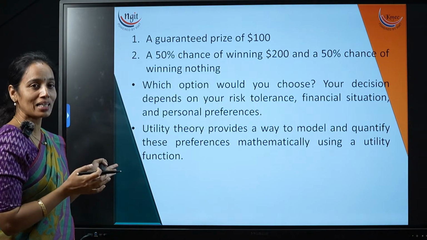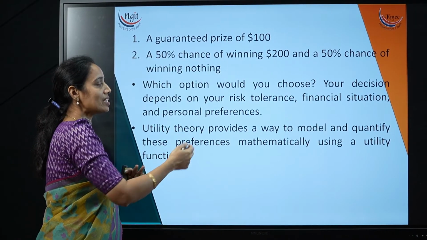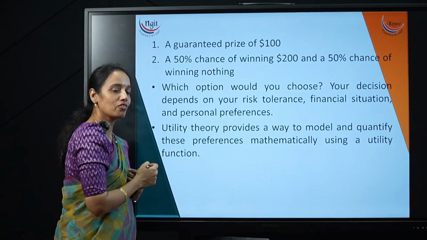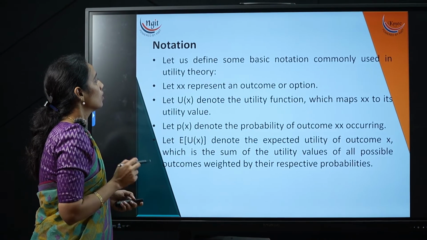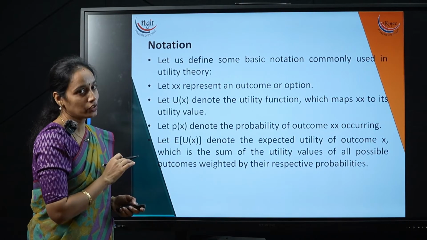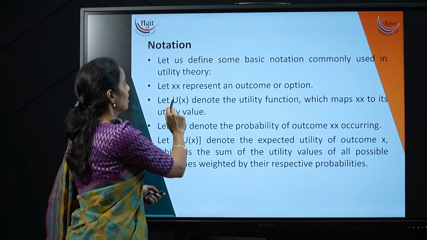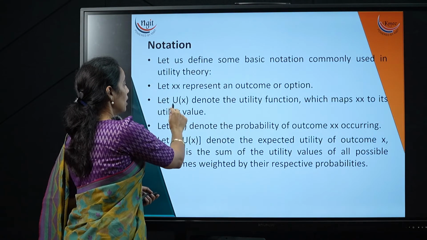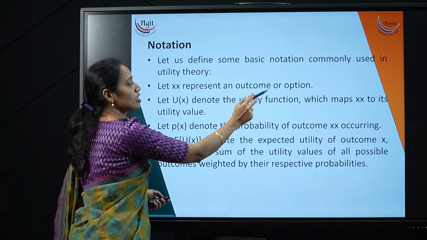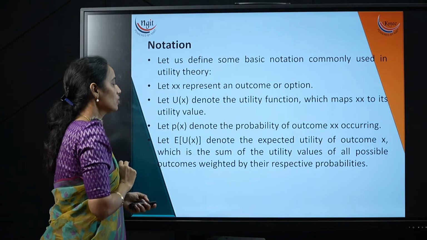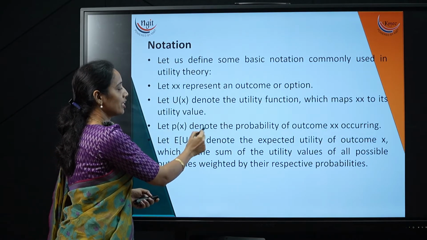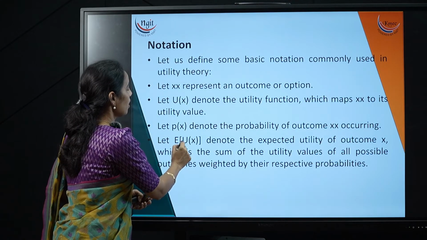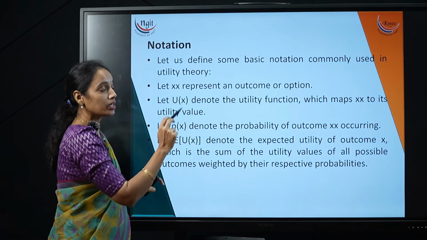So in that case, this utility theory provides us a way to model and quantify these preferences mathematically using a utility function. So let us see the notation of this particular utility function. Let x represent the outcome or an option for a particular problem, and u of x denote the utility function which maps x to its utility value, and let P of x denote the probability of outcome x occurring, and let E of u of x denote the expected utility of outcome x.